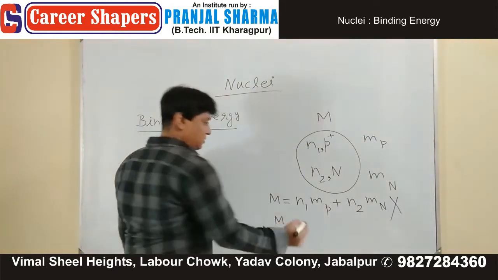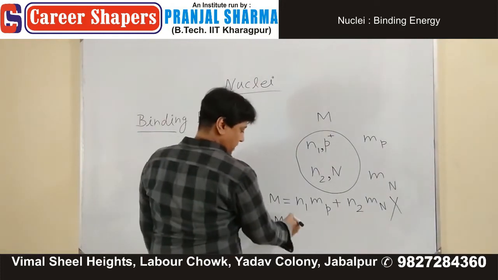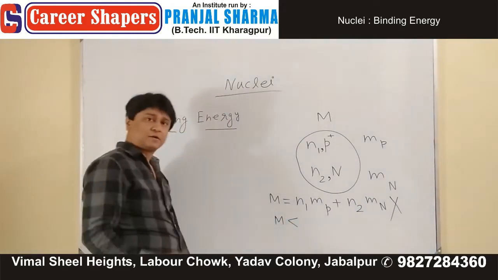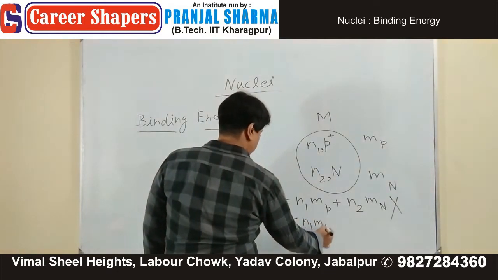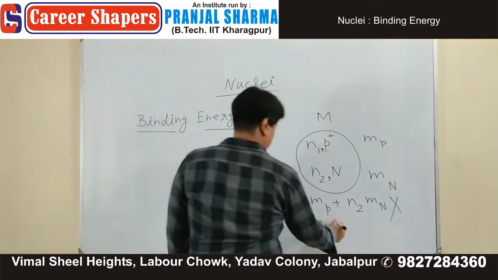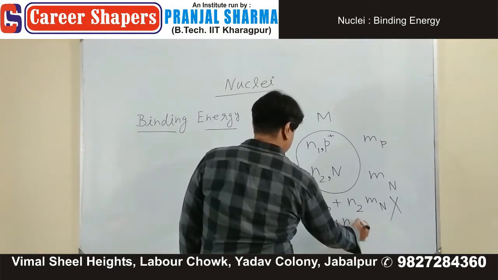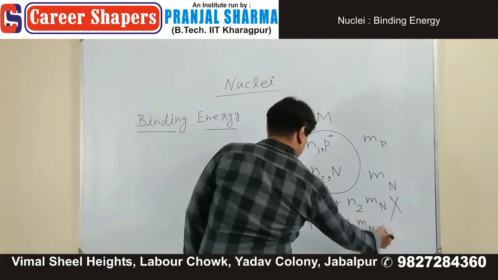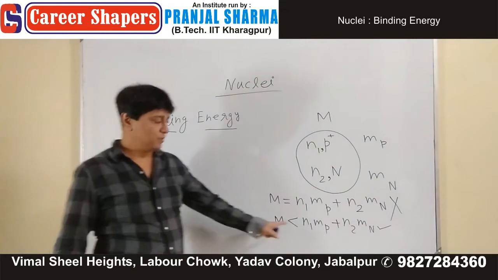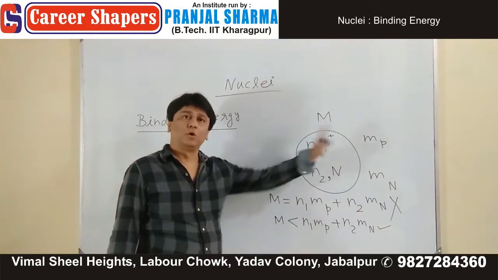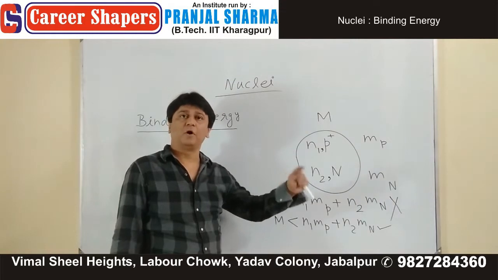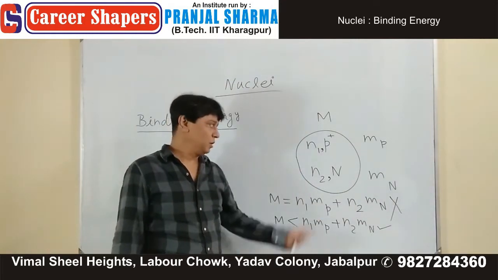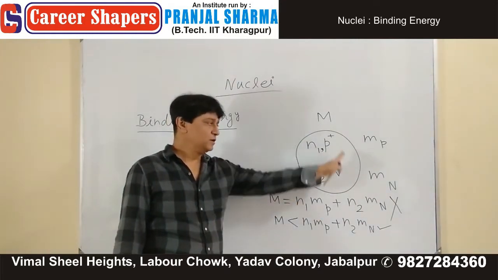What is observed is that M is in fact less than N1 Mp plus N2 Mn. That's what is observed. Total mass of the nucleus is less than the total mass of all the nucleons, all the components of the nucleus.